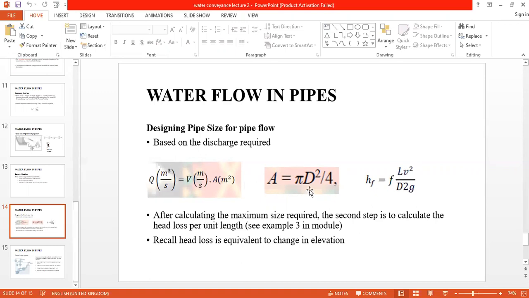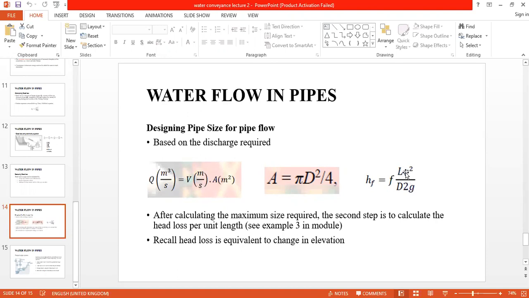So we have D and V unknown. Even in this side, we have D and V unknown. So what you can do is that from this equation of discharge, you can simply make V, the velocity, the subject of the formula. And when you make it the subject of the formula, you just replace it here.